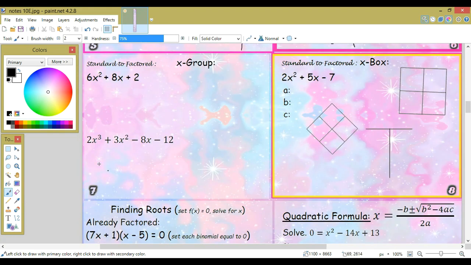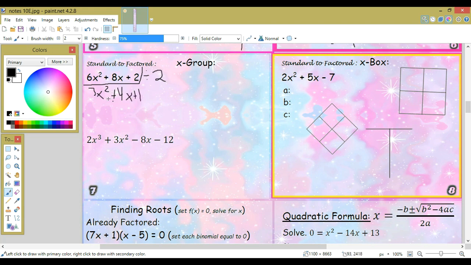Okay, let's talk about yet another way to factor from standard to factored form. So first, we always check to see if we could take out a greatest common factor. In this case, we could take out a 2 because all of these coefficients are even. So 3x squared plus 4x plus 1.